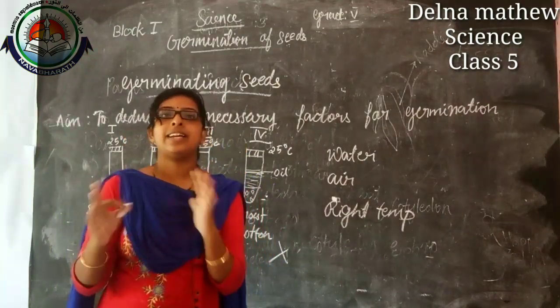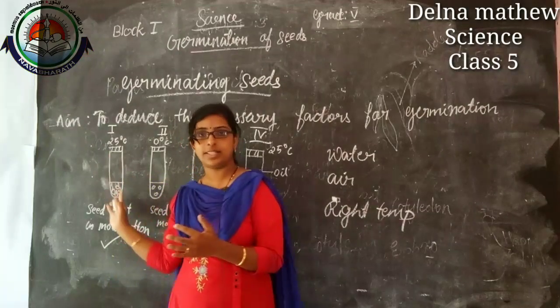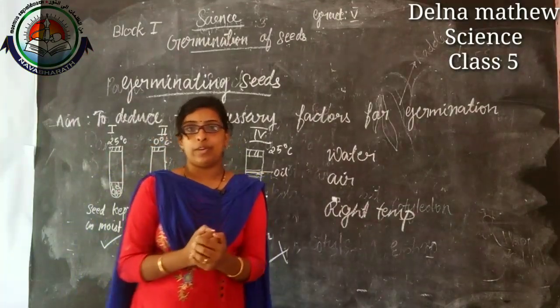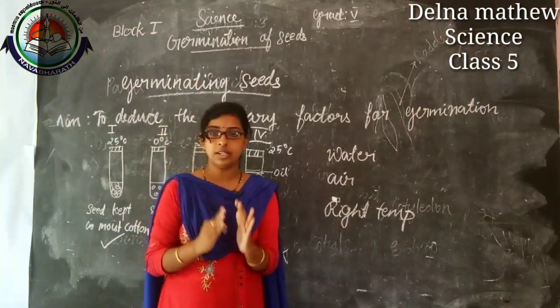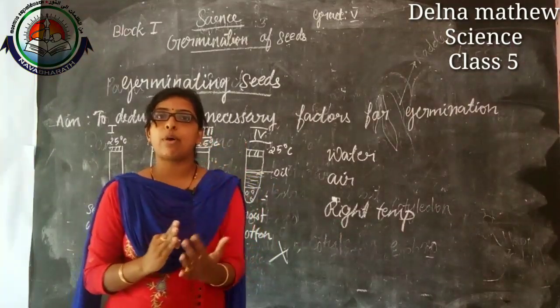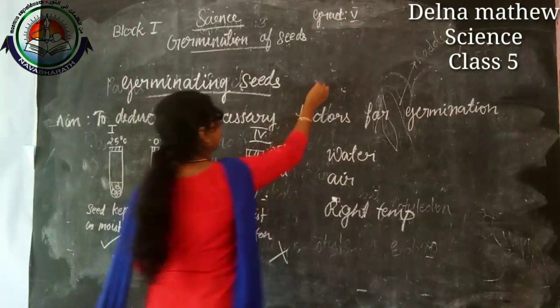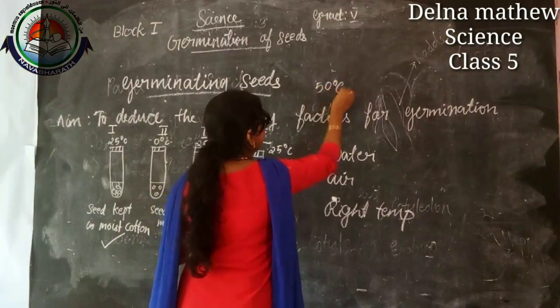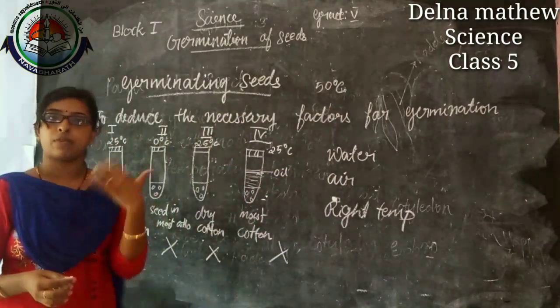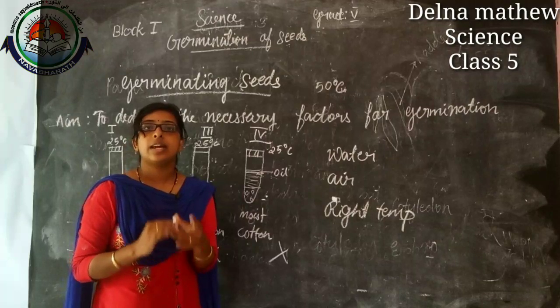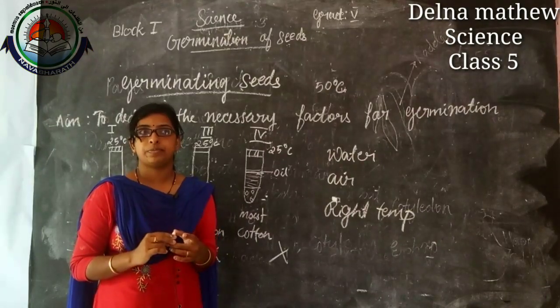It's a yes or no question, the same way. If we keep a seed in an oven, and we provide a temperature of more than 50 degrees Celsius to the oven, in that case can the seed germinate or not?